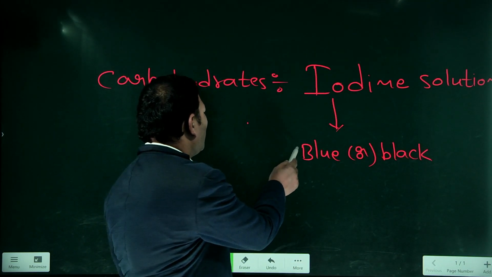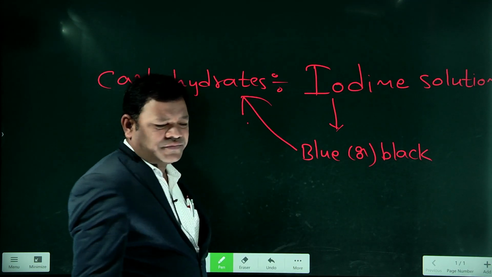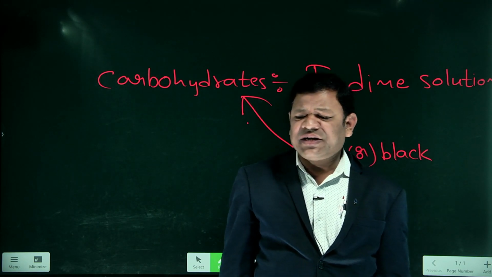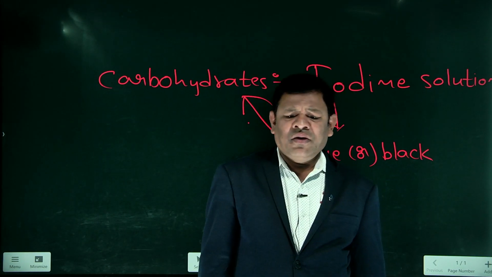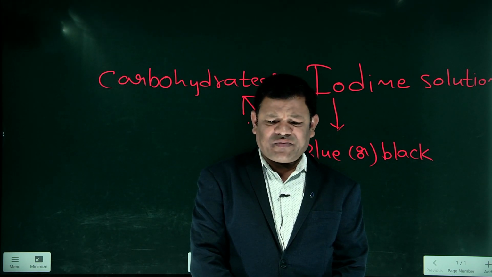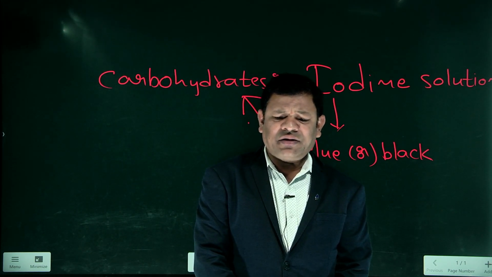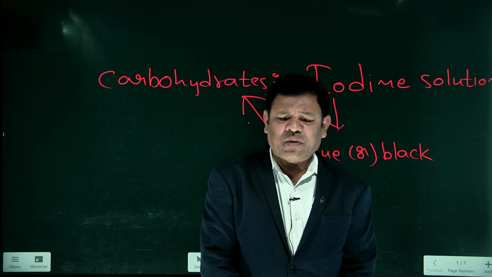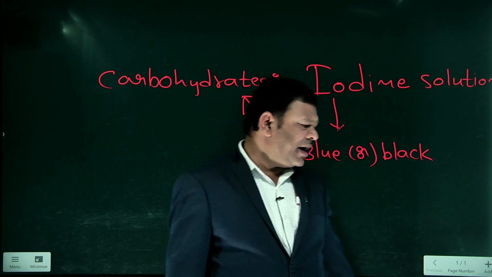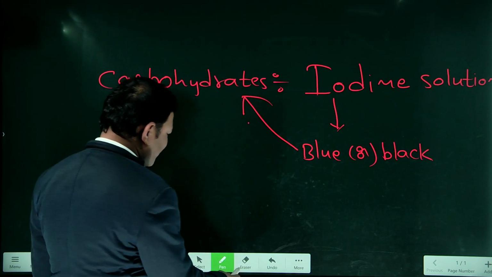So the identification of carbohydrate is with the help of iodine solution. If you add iodine solution and it turns blue-black, that is the identification of carbohydrate.